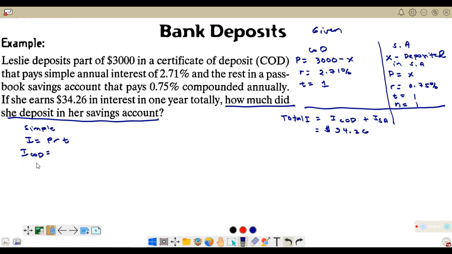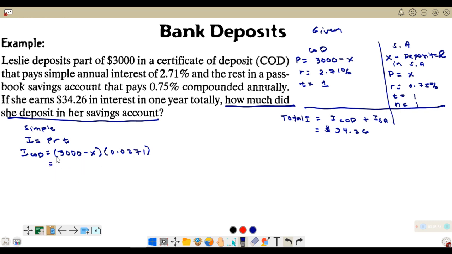So for the total amount of interest under COD, we have P, which is 3,000 minus X. And then for R, that is 2.71, edi 0.0271 siya. Right? And then our T is equal to 1. So hindi na siya isusulat since hindi naman siya magmamatter.